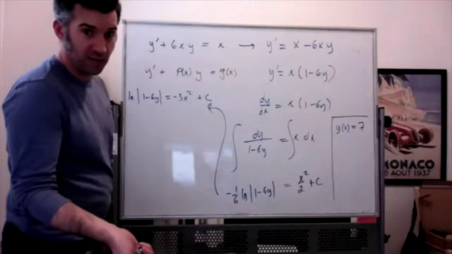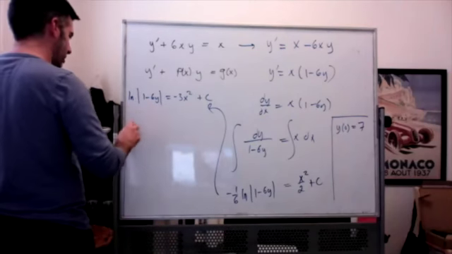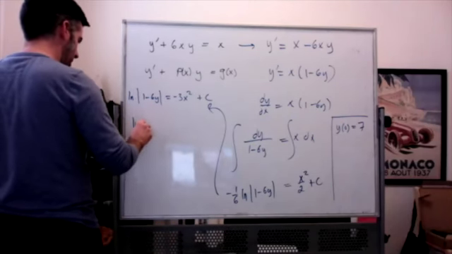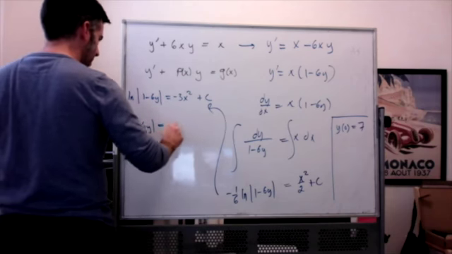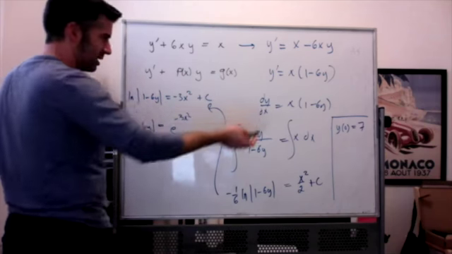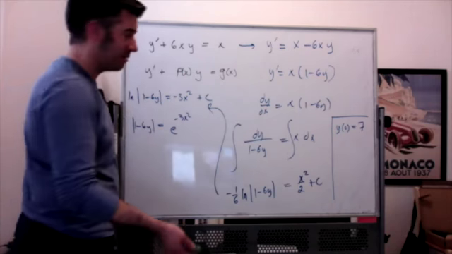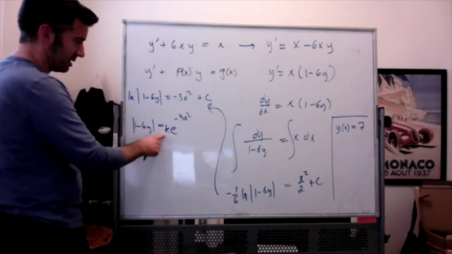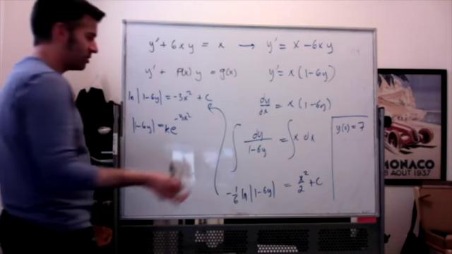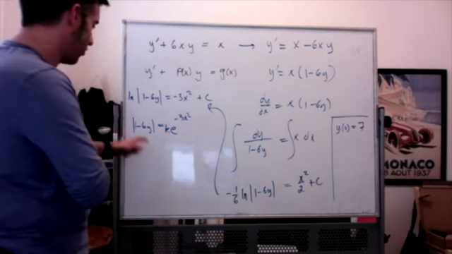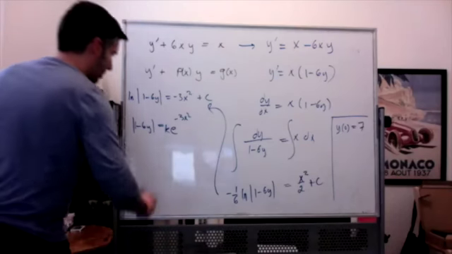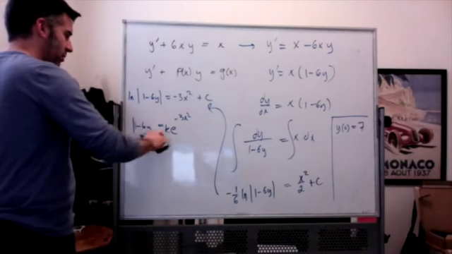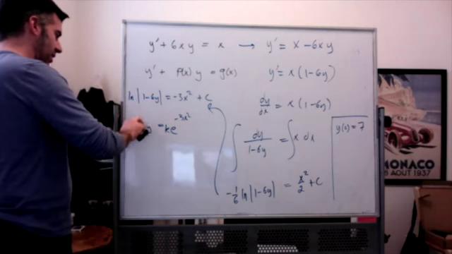So we're going to exponentiate both sides. This side is going to be the absolute value of 1 minus 6y equal to e to the negative 3x squared plus c, which becomes times e to the c, which becomes times a new constant k. Right, that k there is e to the c. And this is where you should drop these absolute values, because the constant there will be positive or negative as necessary.